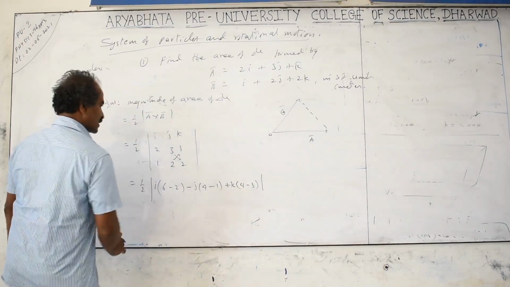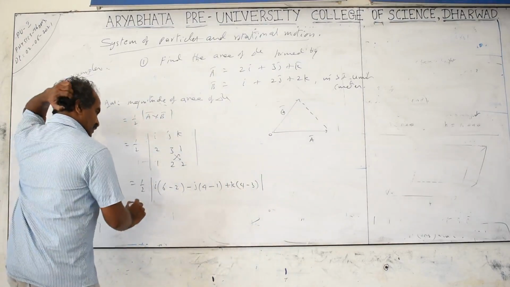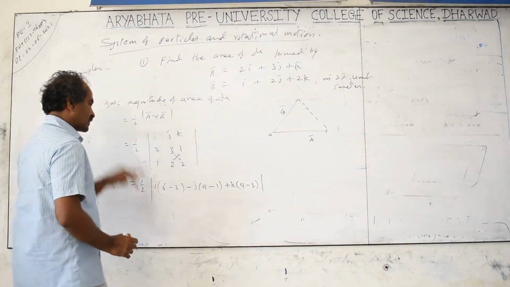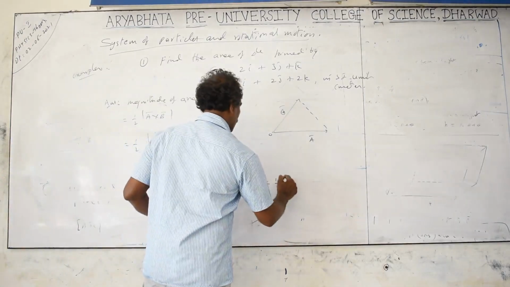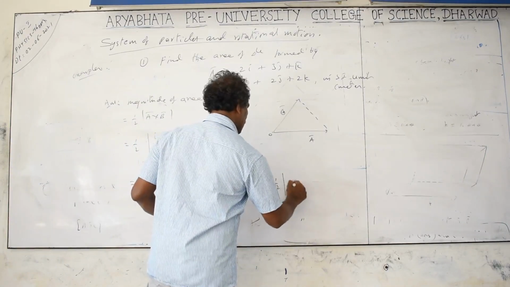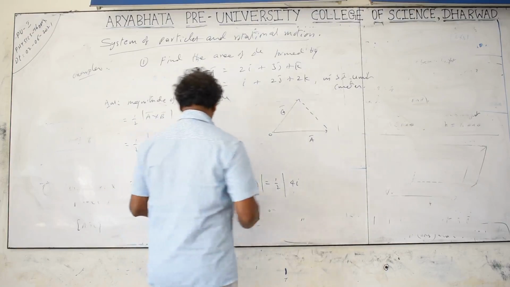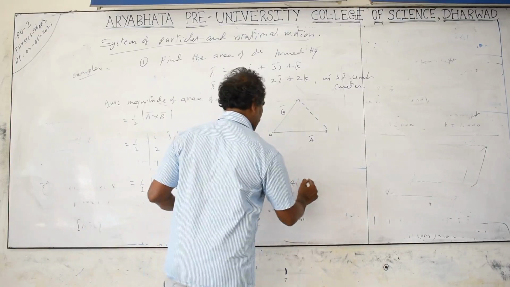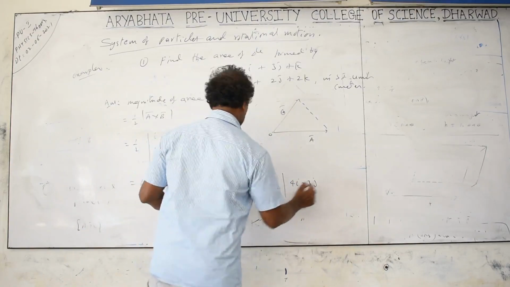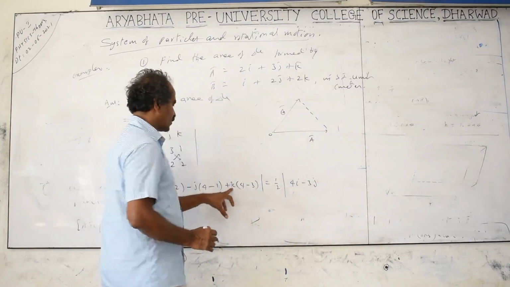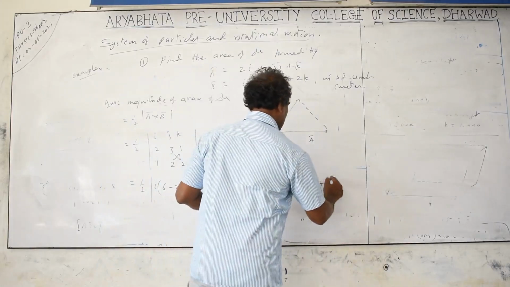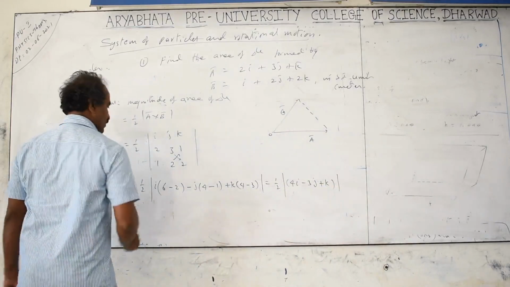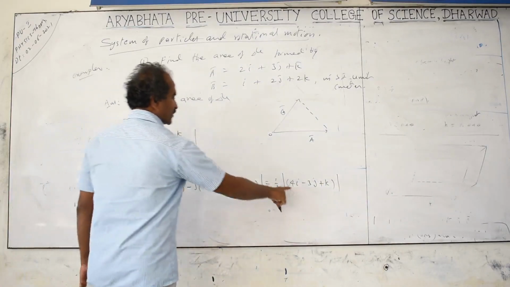Modulus. This is equals to 6 minus 2, 4i. This is equals to half into modulus 4i minus, 4 minus 1 is 3, minus 3j. Here it is 4 minus 3 is 1, 1k, which is equals to the magnitude of this that you need to consider.